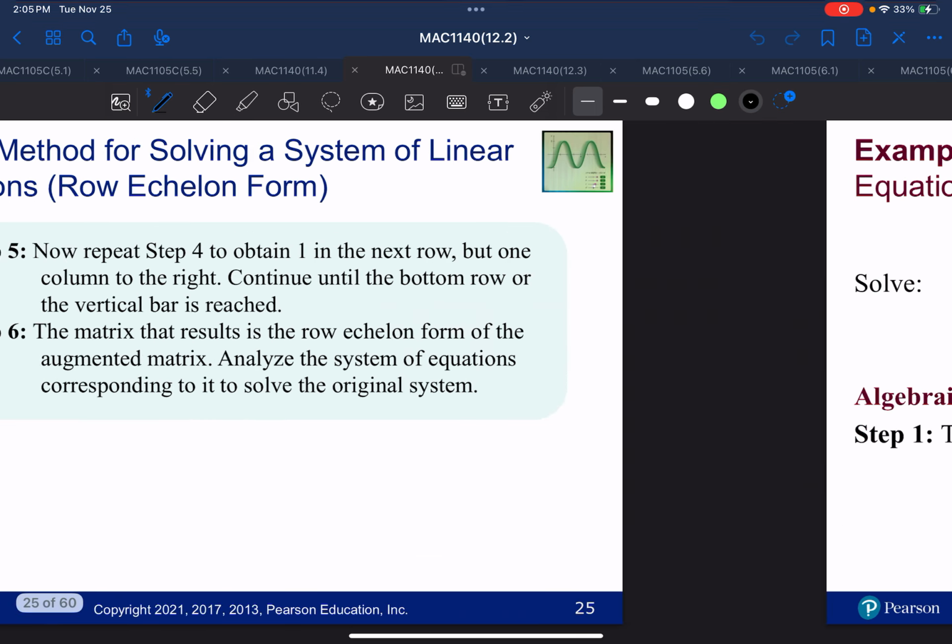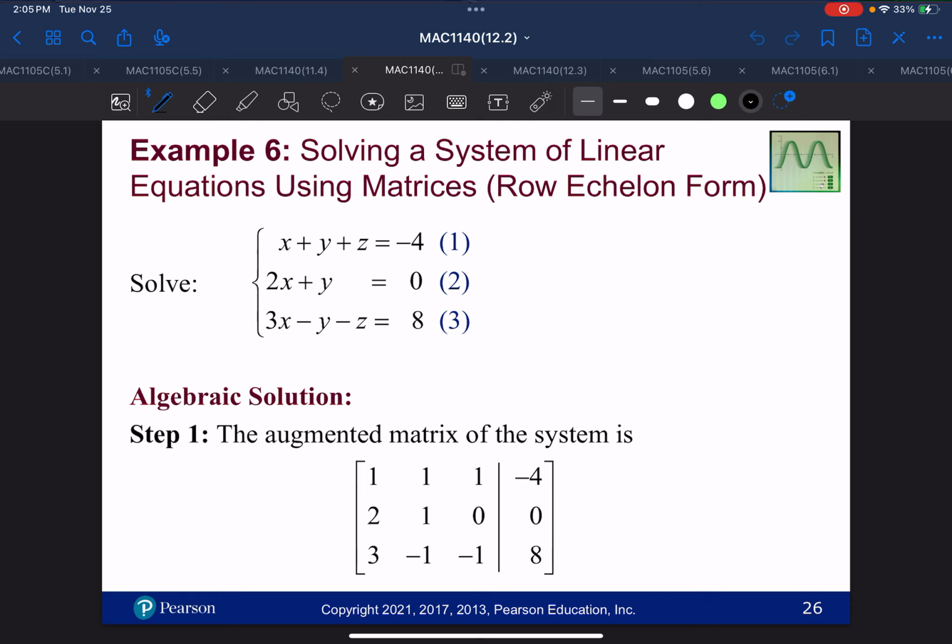We went over these steps to obtain a matrix in row echelon form, and once we get a matrix in row echelon form, we can find the solution to the original system of equations. I have already gone over with you how to do those row operations.